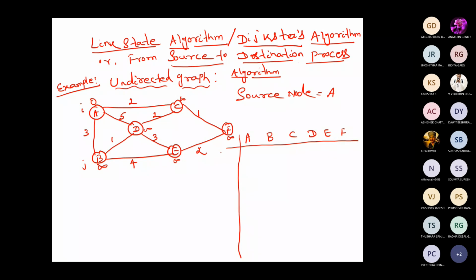We have to find out the shortest distance from A to F. So we shall start from A. What I said: the distance from A to A itself is 0, and with respect to A to the other nodes it is infinite. So we have to make that entry in the table itself. So A is 0, other nodes are infinity.